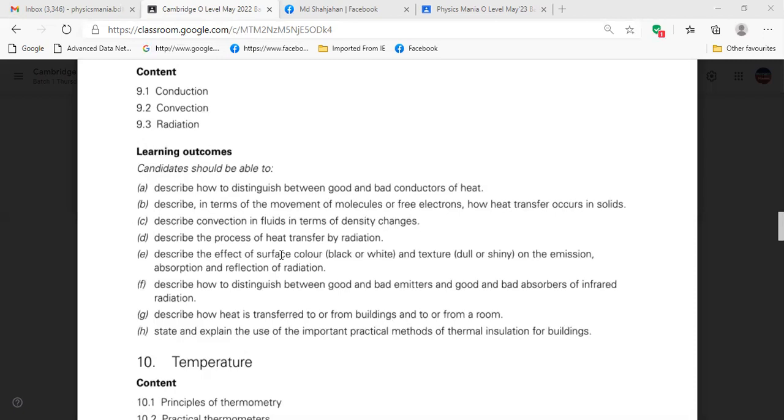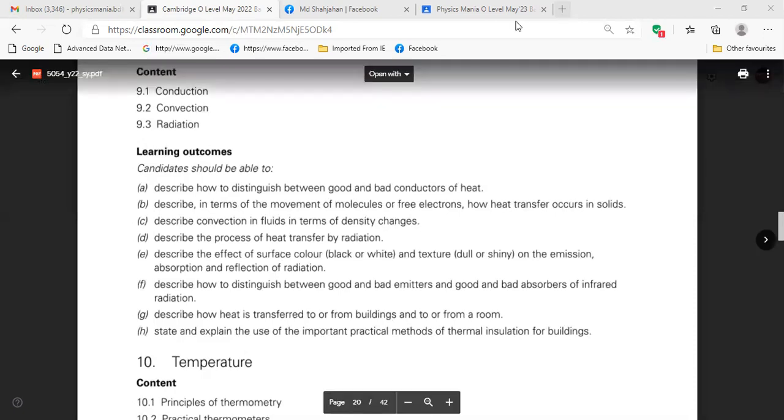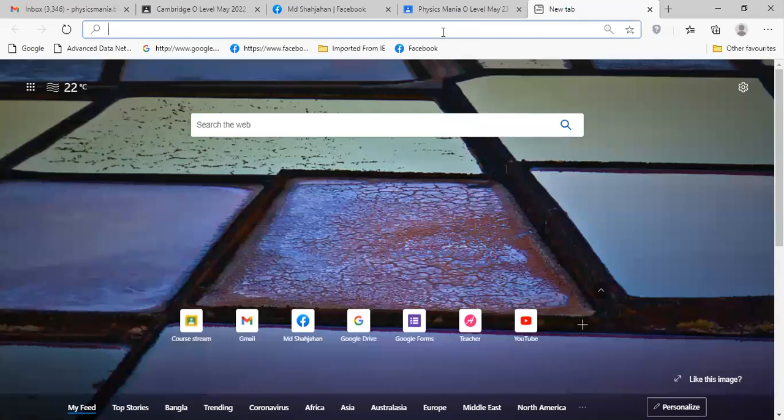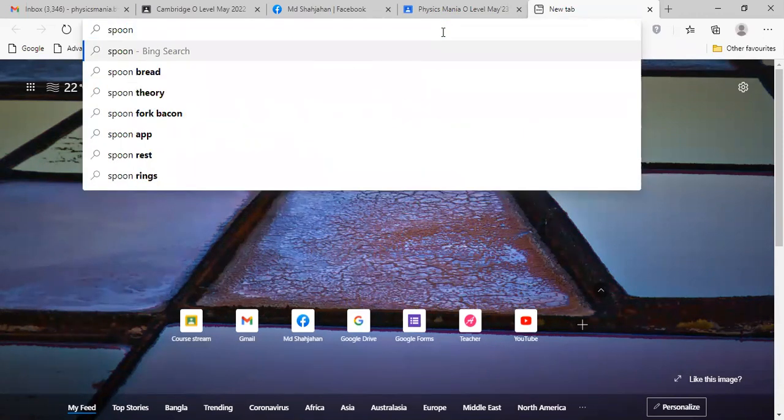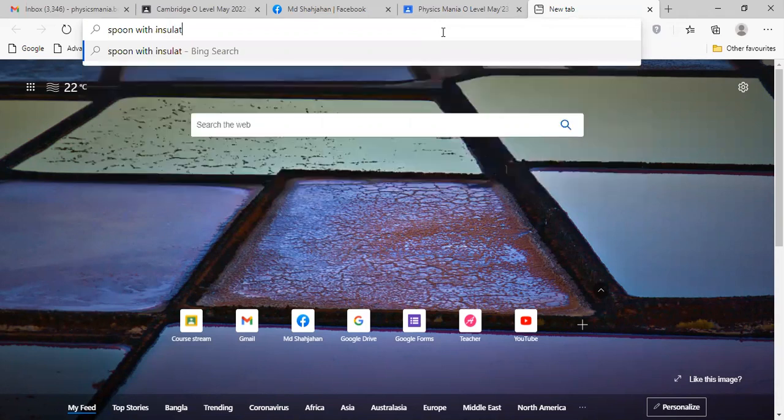Like if I show you in the diagram, a spoon with insulation at the end.